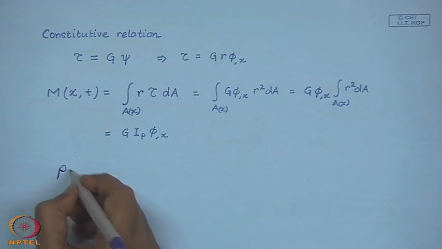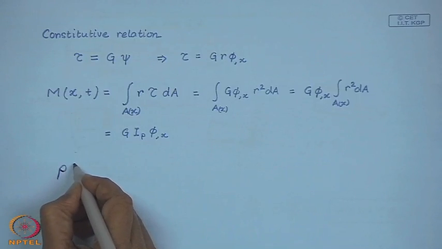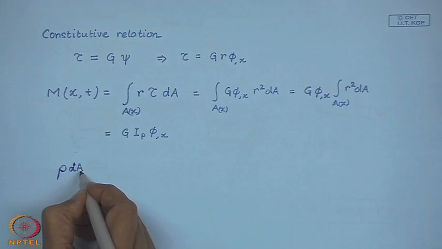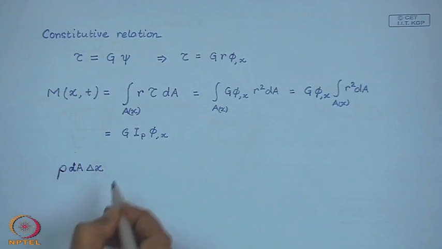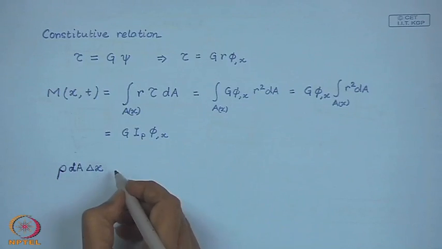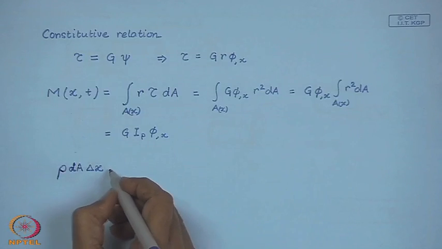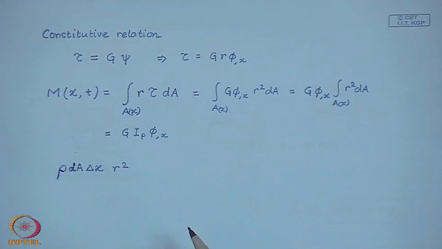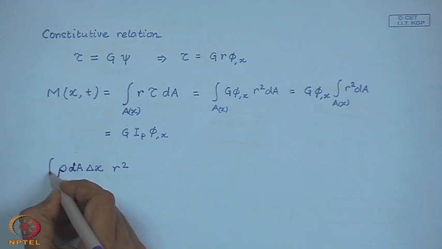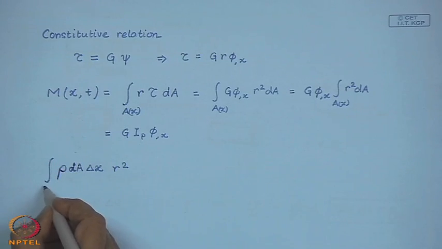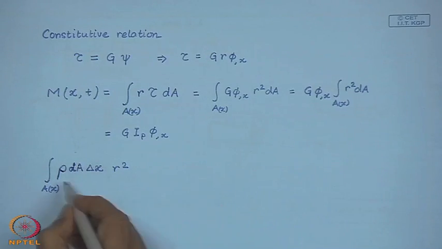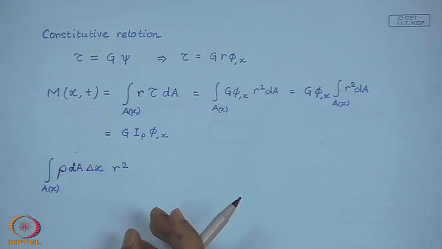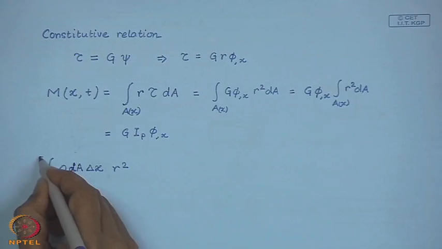So, mass of this ring can be written as rho times dA, the mass per unit length, into delta x, times r square. If I integrate over the full area, then I get the moment of inertia of this element that we are considering.